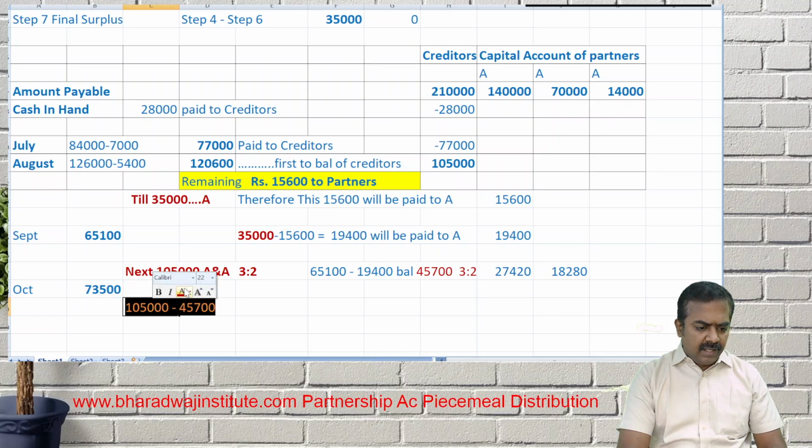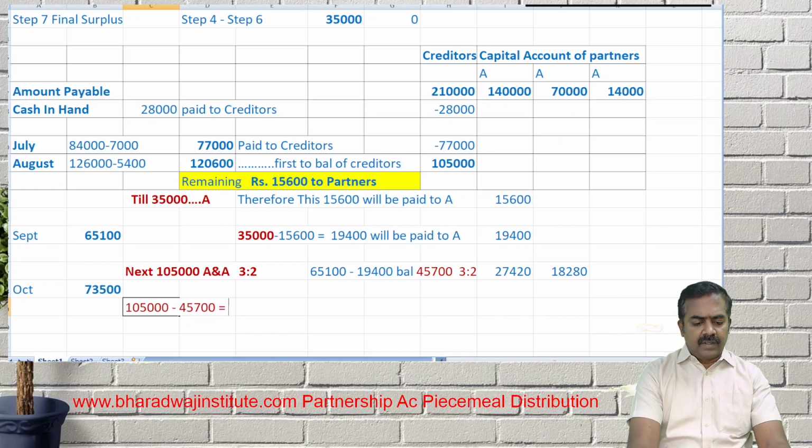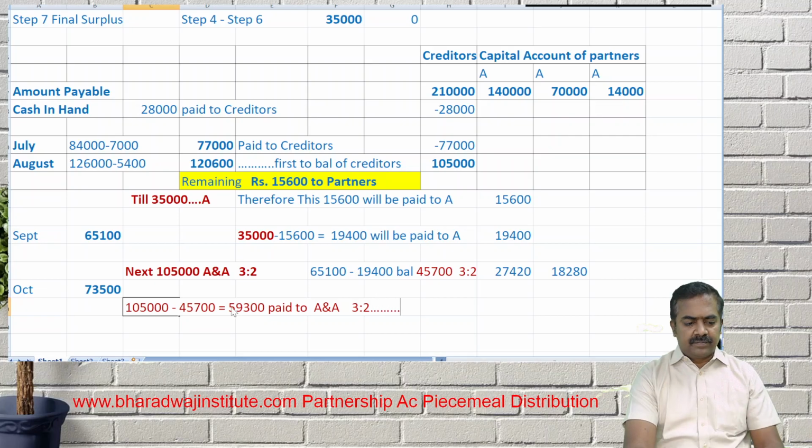So when this 73,500 comes, of that 1,05,000 we have already distributed 45,700. How much balance is there? 59,300. This can be paid to whom? First and second partner, in which ratio? 3:2 ratio is the only way you can pay.